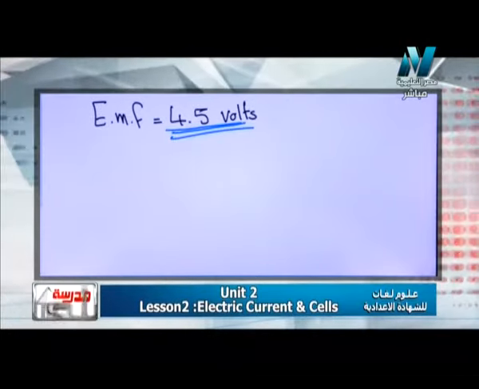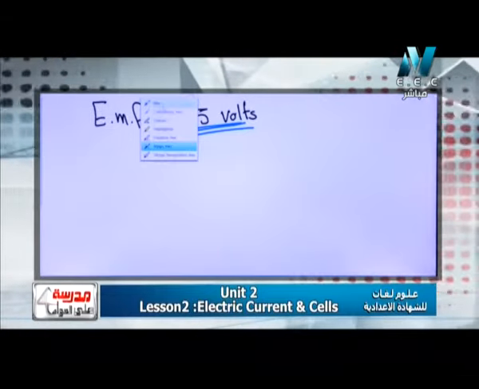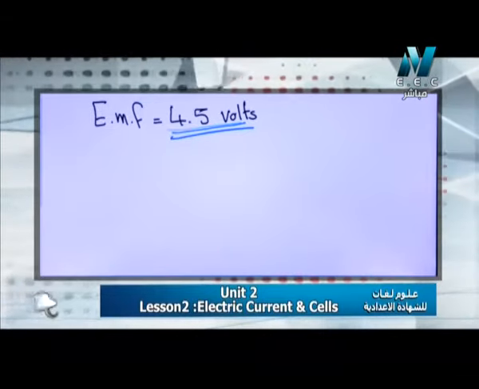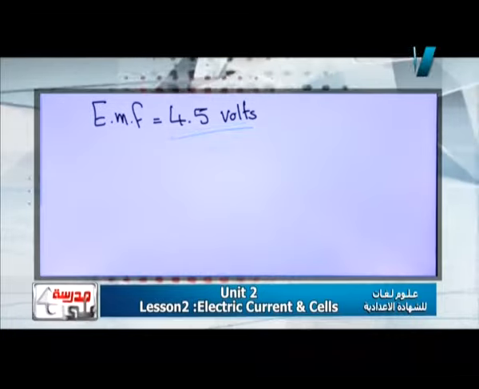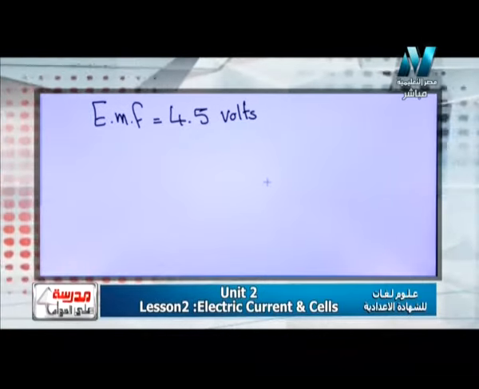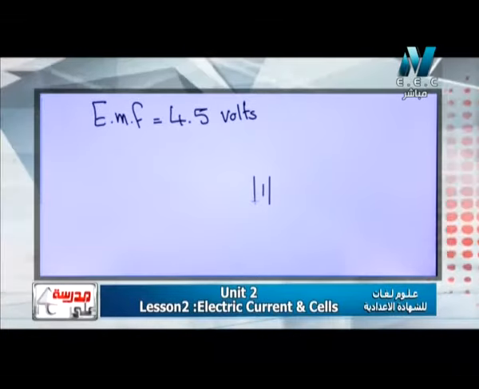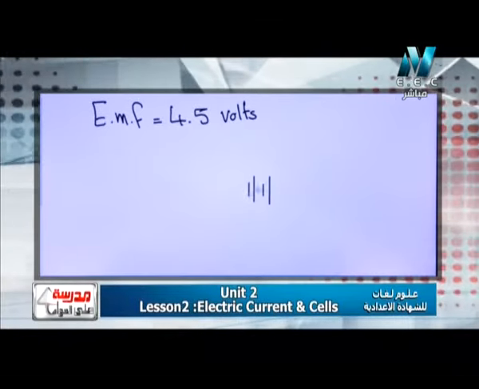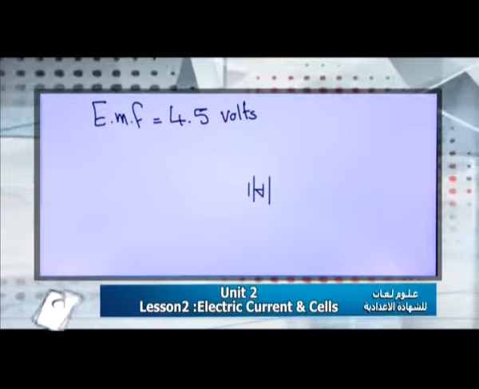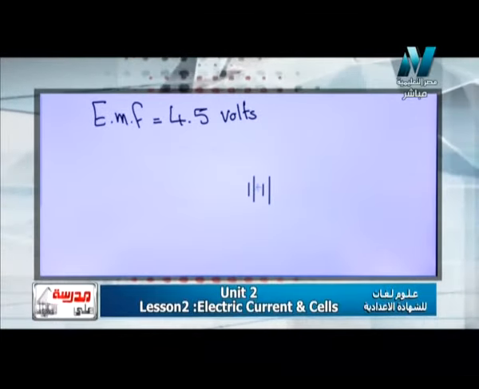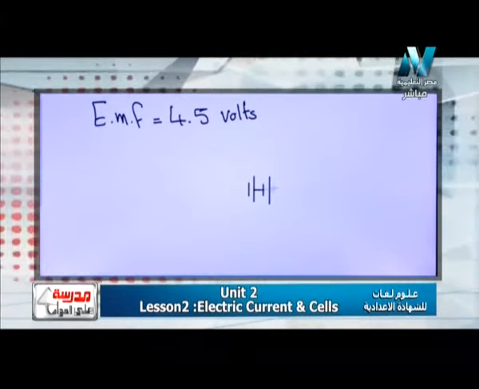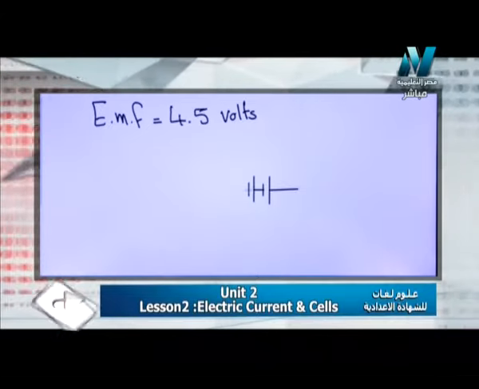So here we have, as you see, two series equal how many? Equal 3 volts. E times number. E equal 1.5 times 2 equal 3 volts.